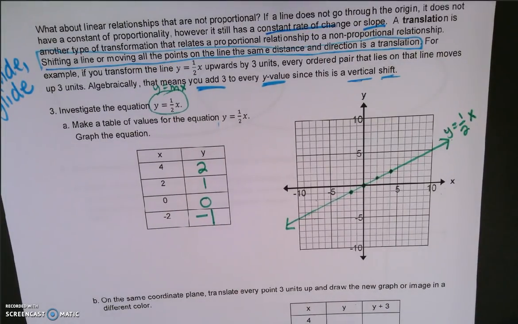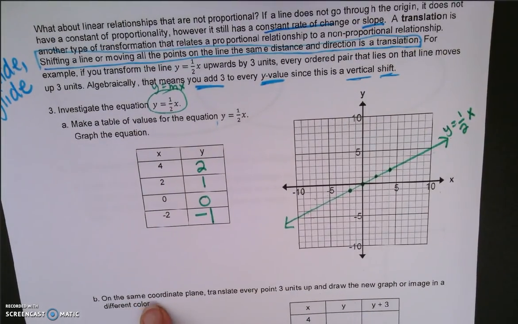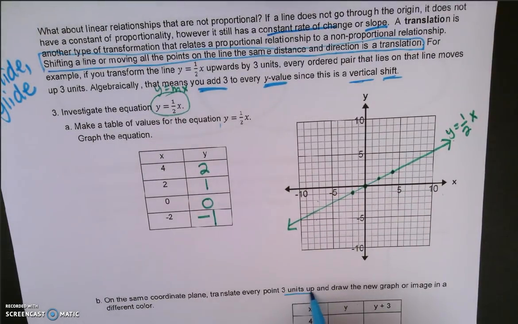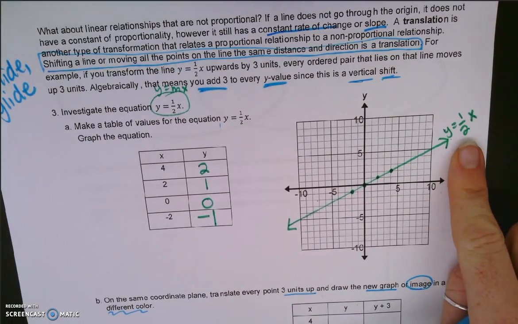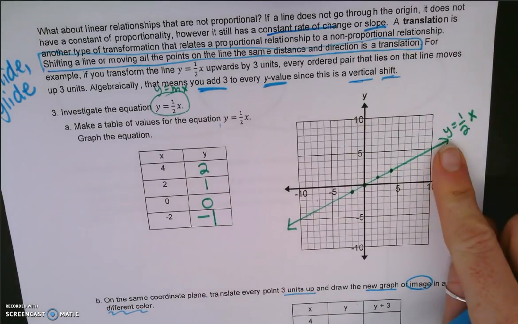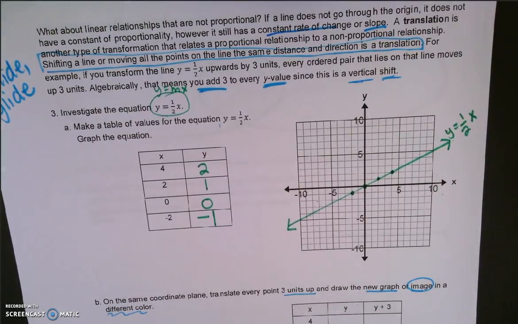Let's keep going. The next set of directions say, on the same coordinate plane, translate every point 3 units up and draw the new graph, or this will be the image, in a different color. So our original shape or line before our transformation is called our pre-image. What comes before the movies?